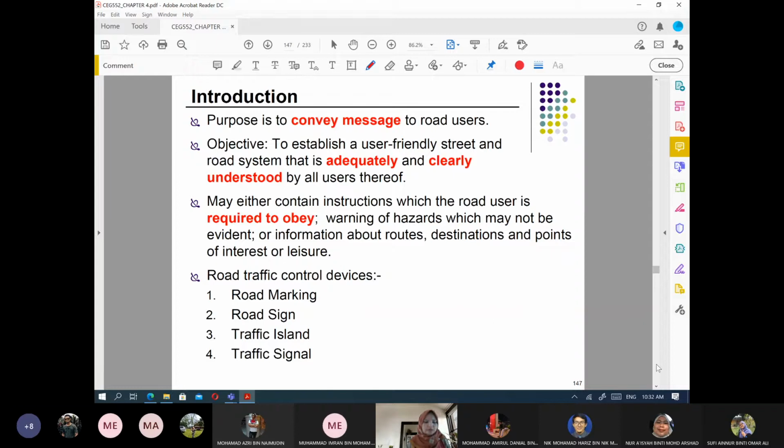Okay, so what is the function now for you to come up with this traffic control device? Okay, first and foremost, of course, to convey message to the road users. Kalau dulu maybe you can see apa kita panggil polis traffic tu, dia terpacak kan dekat tepi jalan, dia gawang tangan, orang ni jalan, orang ni.